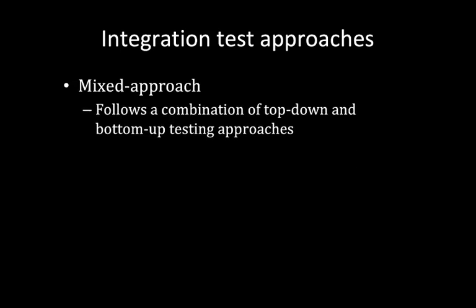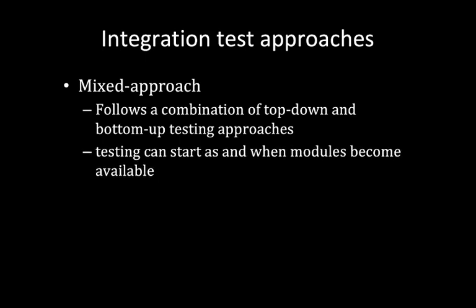Then the fourth approach is mixed approach. Here we follow a combination of both top-down approach and bottom-up approach. That is, whenever a module is ready, we try to integrate it with some other module and test it. That's known as mixed approach. So here we don't wait for any of the modules.